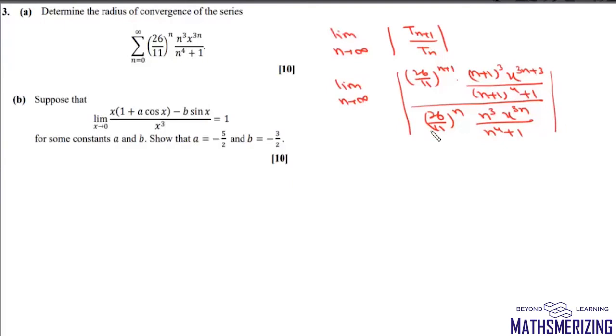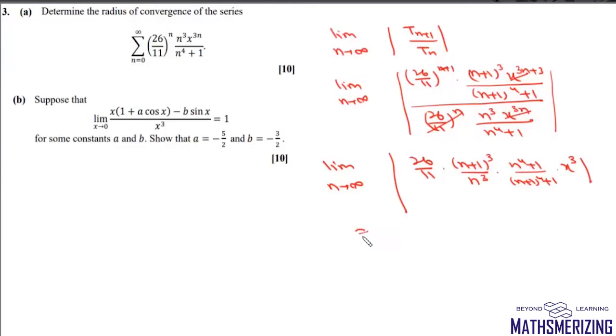Now here 26 upon 11 to the power n will cancel, and also x to the power 3n will cancel. We can write this as limit n tends to infinity, and here it will be 26 by 11, n plus 1 cube upon n cube, into n to the power 4 plus 1 upon n plus 1 to the power 4 plus 1, into x cube.